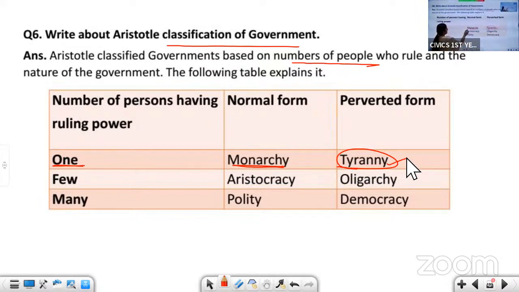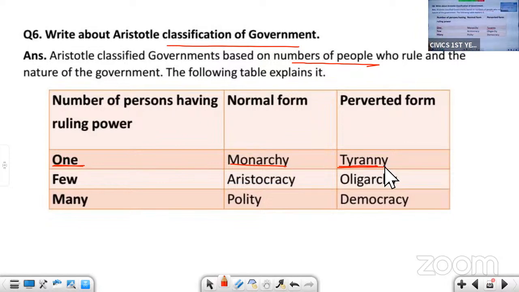Monarchy is where the king, the ruler, will make laws with the intention of the welfare of the people. But in perverted form, where the ruler does not have any interest in the welfare of the people, that type of government is called as tyranny.